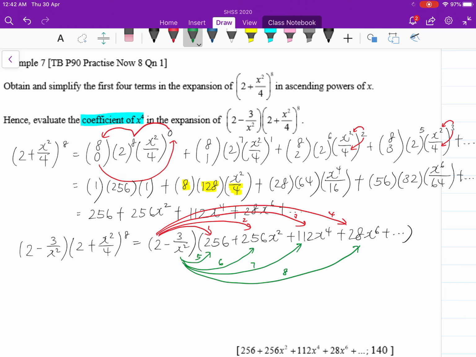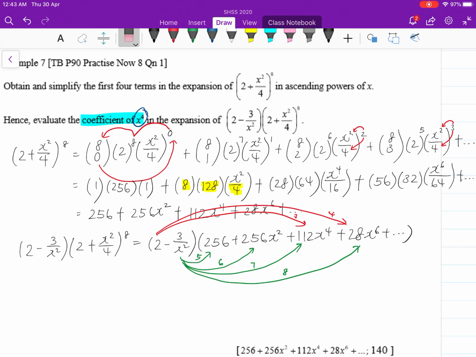Now you have to ask yourself which expansion will give you x to the power of 4? Number 1, 2 times 256, doesn't give me x to the power of 4, so cross out. 2 times 256x squared also doesn't, so don't want. Now, 2 times 112x to the power of 4 gives me x to the power of 4, so I want number 3.